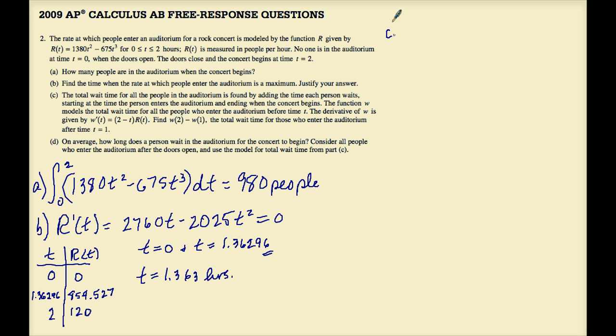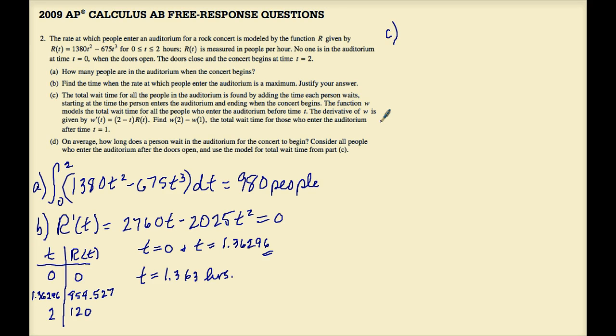Letter C. The total wait time for all the people in the auditorium is found by adding the time each person waits, starting at the time the person enters the auditorium and ending when the concert begins. The function W models the total wait time for all the people who enter the auditorium before time t.